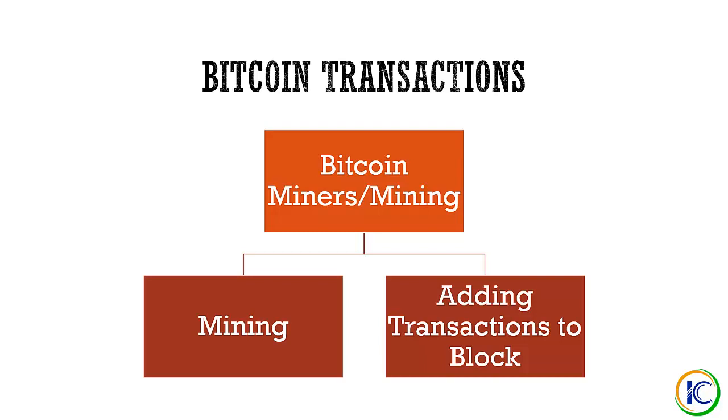So the entire Bitcoin network is actually more dependent on the miners, because that's the way the Bitcoin protocol was designed. It was designed on the basis of proof of work. So this is how the miners prove their work in order to get the incentives.